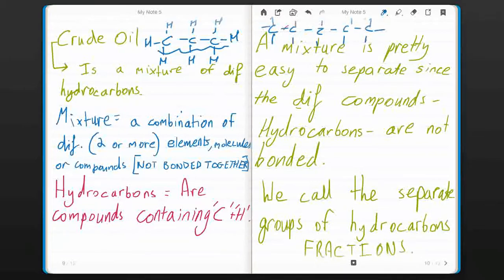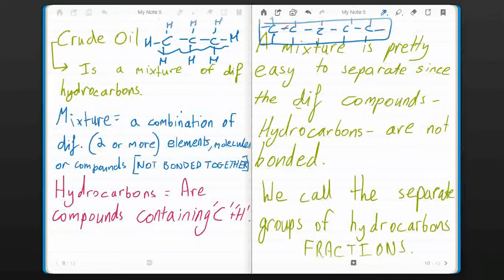So longer hydrocarbon chains need more energy to be formed into gases. And that's just because there are more atoms in a longer one. This means that's one thing you can do to separate the two compounds.